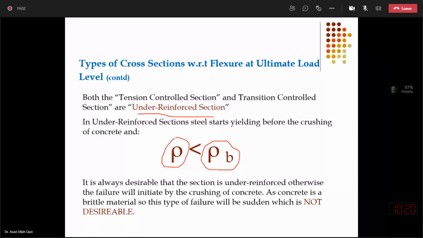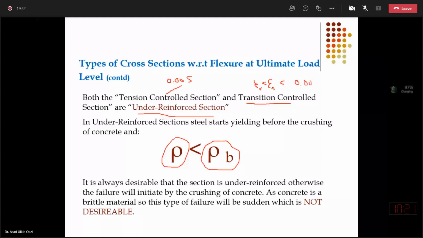Within the under reinforced cross sections, since rho is less than rho balanced, we further have two domains: tension controlled cross sections in which strain will be 0.005 or bigger, and transition controlled sections in which strains are greater than epsilon y but less than 0.005.